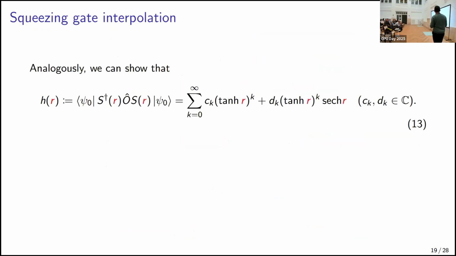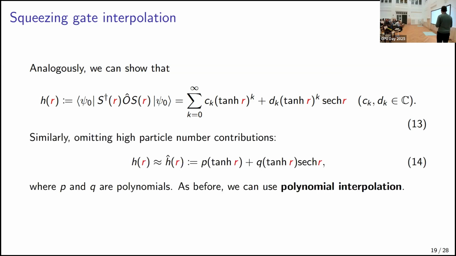This can be used, and squeezing is a bit more tricky because it has a more tricky dependence. It contains these hyperbolic tangent functions, but the statement is that it can be cast into a polynomial too, but you have more polynomials. But the point is that you can still do polynomial interpolation somehow. I won't explain it now.